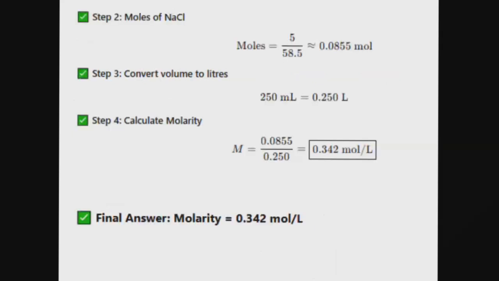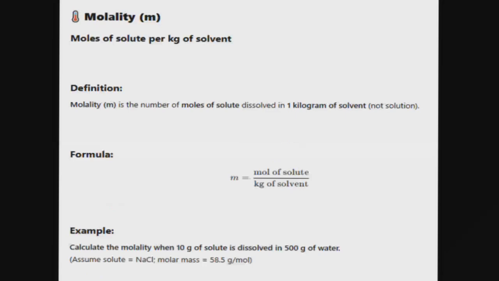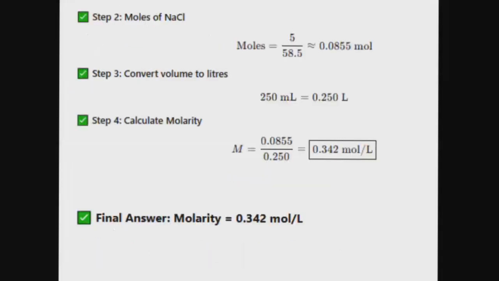But for molality, this is the number of moles of solute dissolved in 1 kilogram of solvent. So the difference between both of them is that in molarity the moles of solute are dissolved in solution, while in molality they are dissolved in solvent. For solution, it is in volume, in liter, so 1 liter of solution.